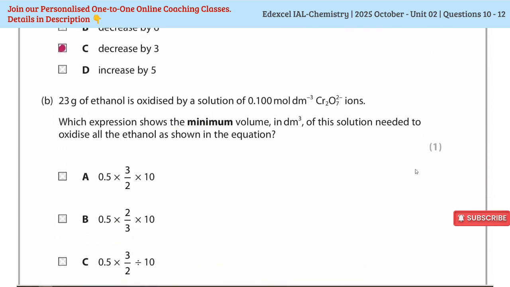23 grams of ethanol is oxidized by a solution of 0.1 moles per cubic decimeter dichromate ions. Which expression shows the minimum volume in cubic decimeters of this solution needed to oxidize all the ethanol as shown in the equation?